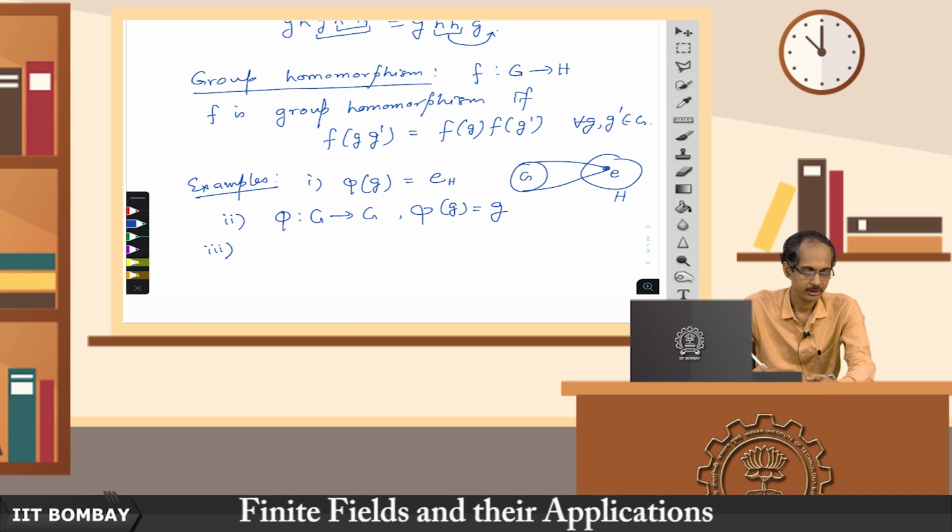Now, let us take the group R, the group of real numbers under addition, and note that R star is the set of real numbers minus the 0 element, and the operation is multiplication.